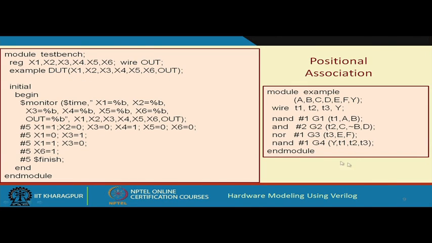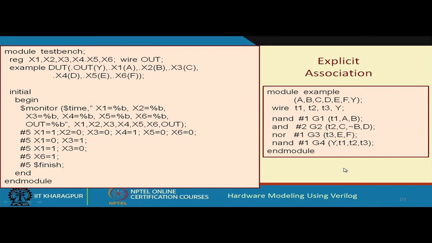This is positional association: the same order in which we have defined, the same order we use in the instantiation. But in explicit association, what you do is something like this. In the original example, it was A, B, C, D, E, F, and the output was last. Suppose when I instantiate, I want the output to come first. With respect to this module, the output has to be connected to out. I write dot y, and within brackets out, which means y is being connected to out.